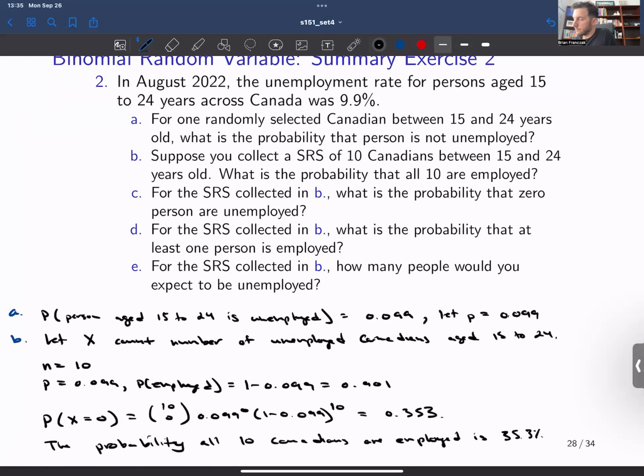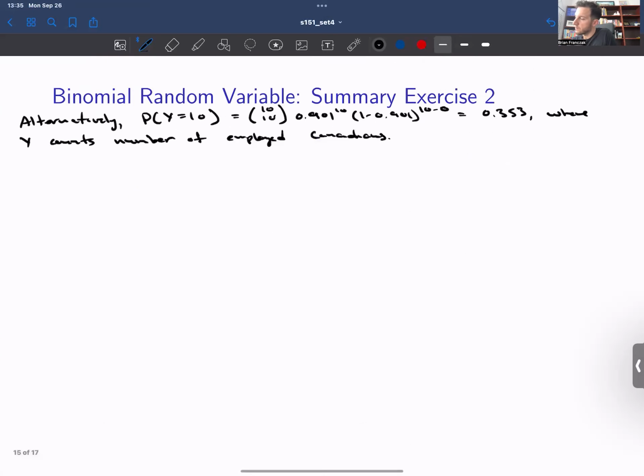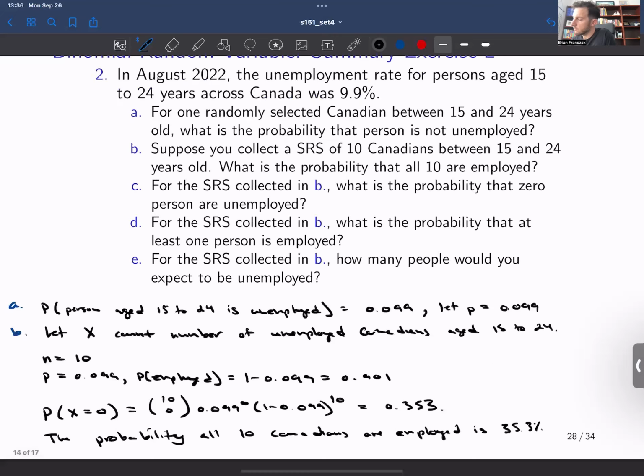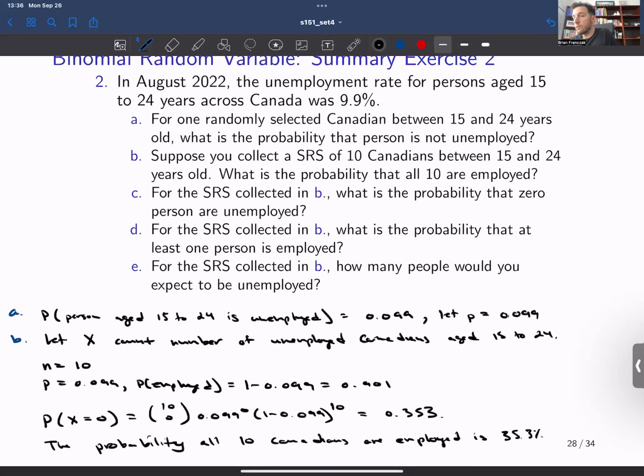So we can either flip the probability and set this up as a binomial problem where we count 10 out of 10 successes, 10 out of 10 people being employed, and use the probability of the individual being employed, which is 0.901. Or we can leave this in terms of unemployment. If we want 10 people to be employed, that means that 0 are unemployed, and then we can use directly the notation that we established at the start of part B. But either way, you end up with the same answer.